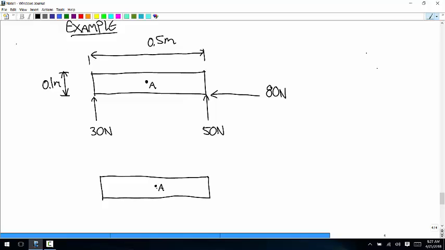So here's the about point. Here's the line of action of the 30 newton force, right? So I'm going to move it to right here. Here's the line of action for the 80. And so I'm going to move that to right here.